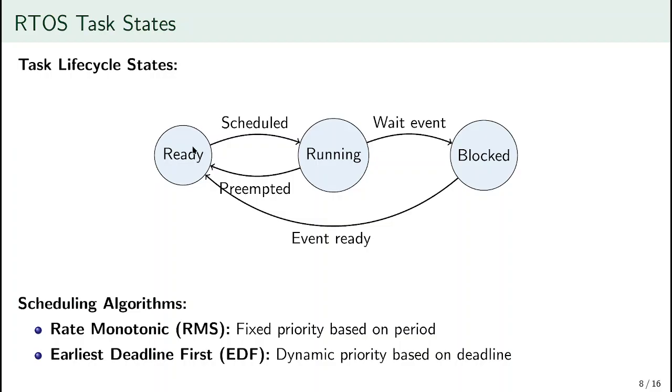So RTOS tasks have three states: ready, running, and blocked. And different scheduling algorithms are used for managing these states, like rate monotonic or earliest deadline first, which decide which task runs next. This makes timing predictable, something simpler systems can't do.